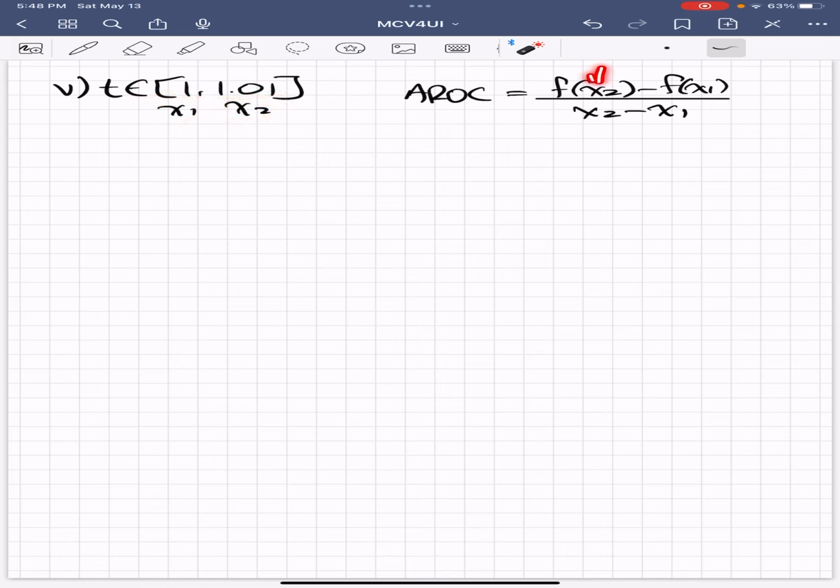We're going to plug those numbers into this formula, and calculate f of 1.01 and f of 1.